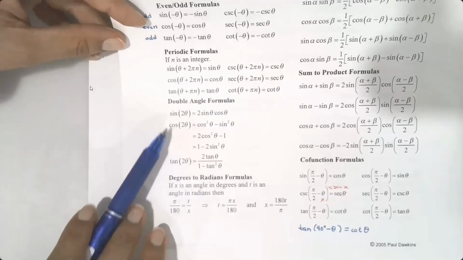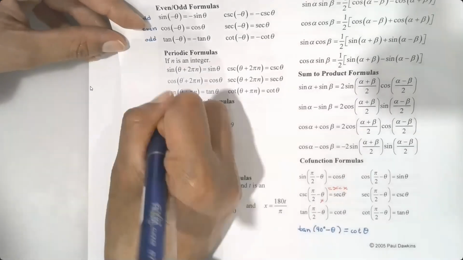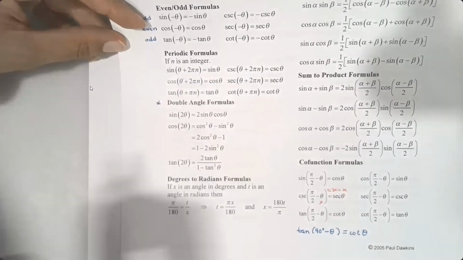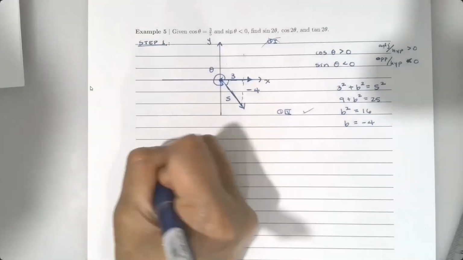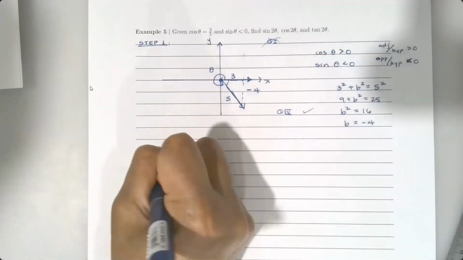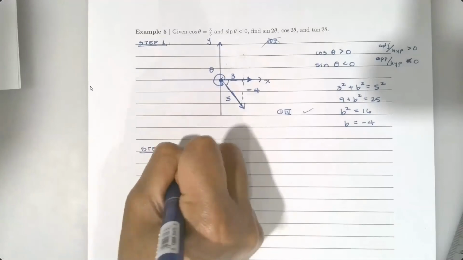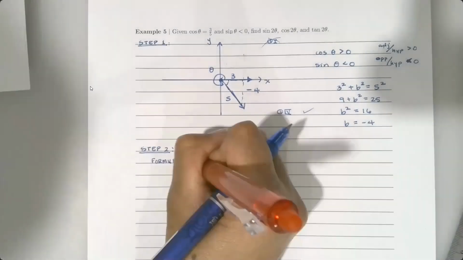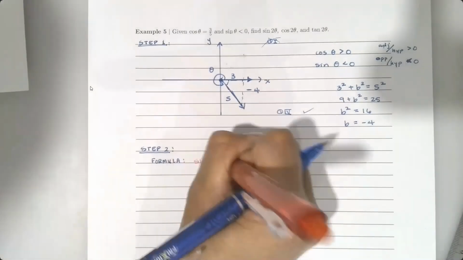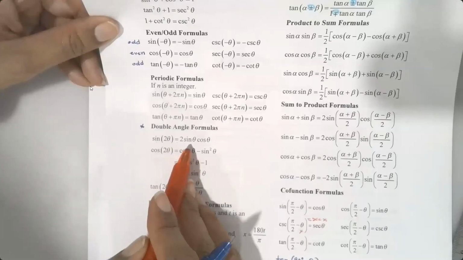So we're going to be focusing on double angle formulas. And I'll start with the sine of 2 theta. The formula for sine of 2 theta, just by transferring over, that's equal to 2 sine theta cosine theta.